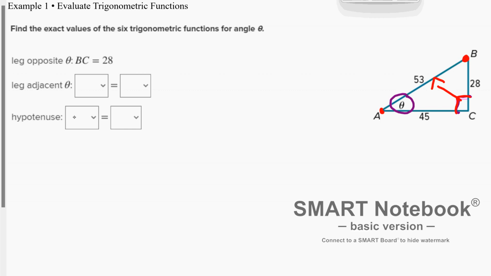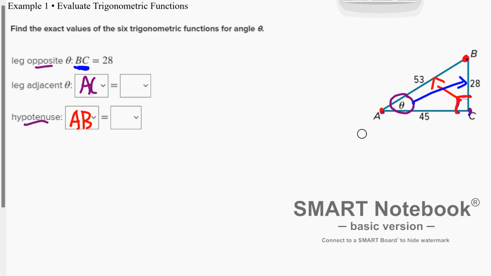So AB is the hypotenuse. Then I label the opposite side, which they already give us. For this angle, the opposite side would be over here, BC, which they already labeled. And then adjacent is the last one, AC. So AC is the adjacent. I always start with the hypotenuse, then do the opposite, and then the adjacent.